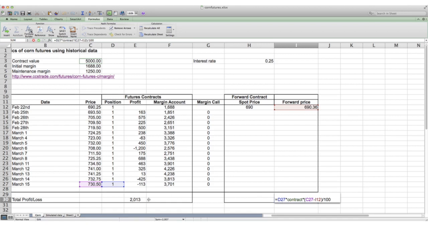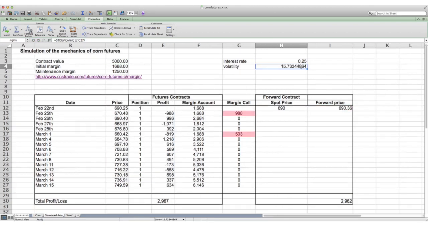In this worksheet, I'm showing you a simulation of the mechanics of the corn futures, and this particular simulated worksheet was created just to show you what happens with margin calls. In order to construct the prices for corn, I assumed that the price of corn does a random walk. So it takes the mean value as the previous day's price plus a volatility times a normal random variable.